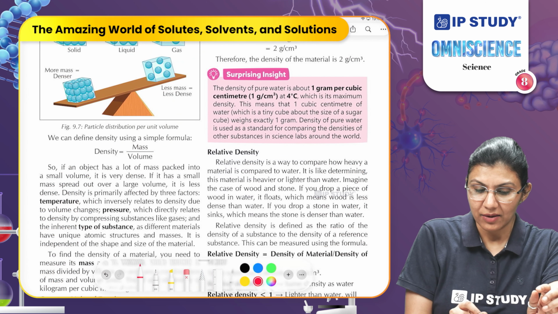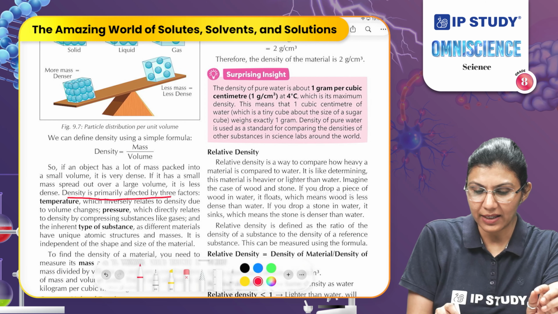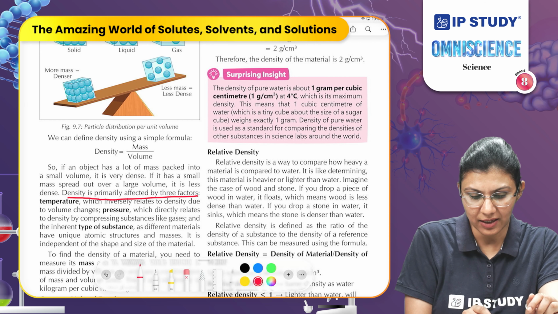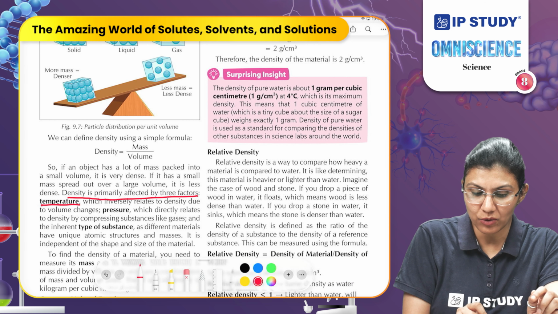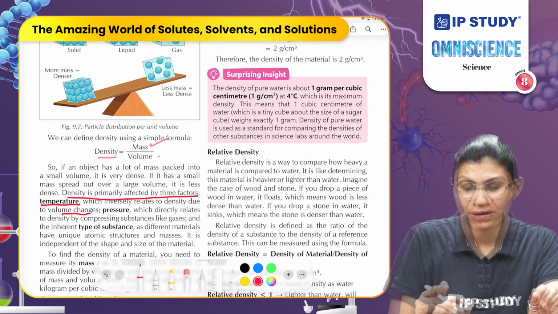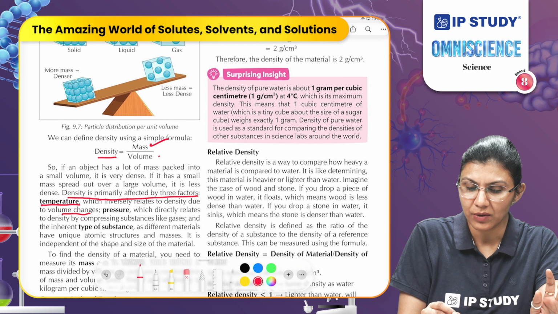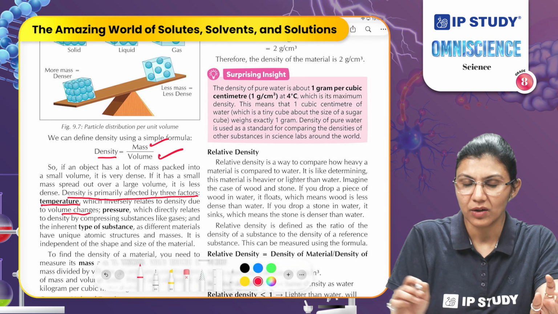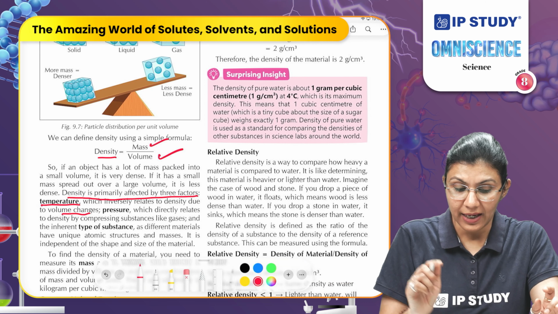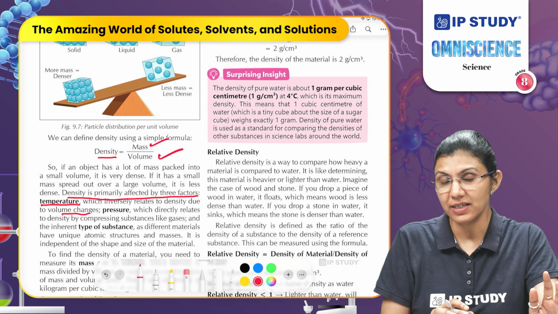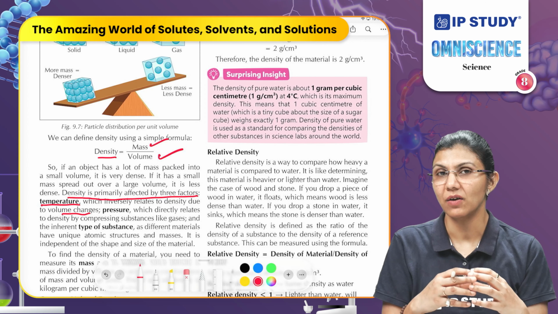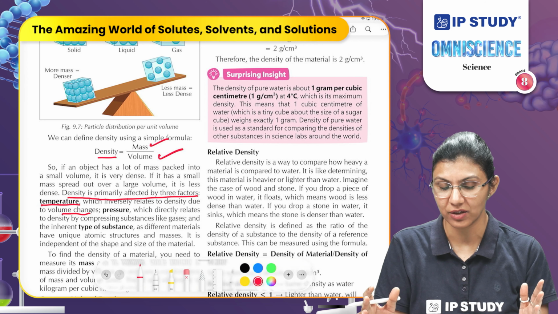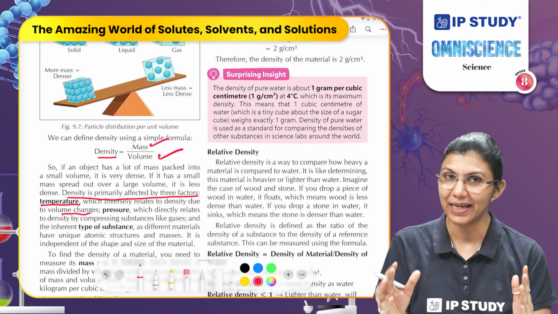Density is affected by three factors. What are these? The temperature, which is inversely related to the density due to volume changes. Why? Because density is equal to mass divided by volume. If the temperature is increased, the interparticle space increases, the particles of the material go apart from each other, so they become less dense.